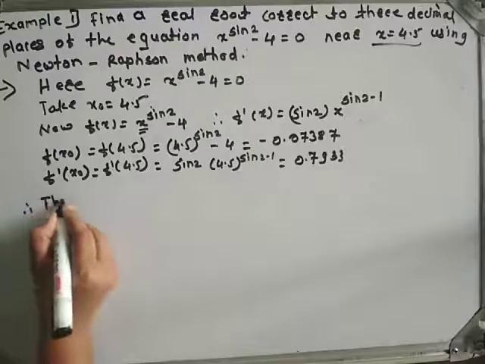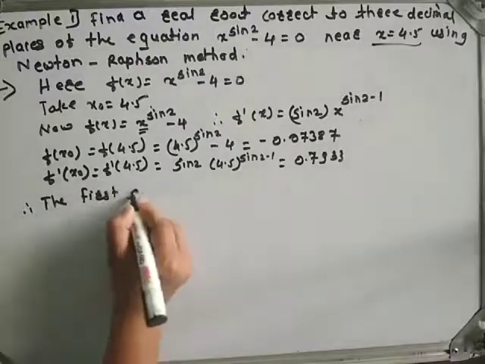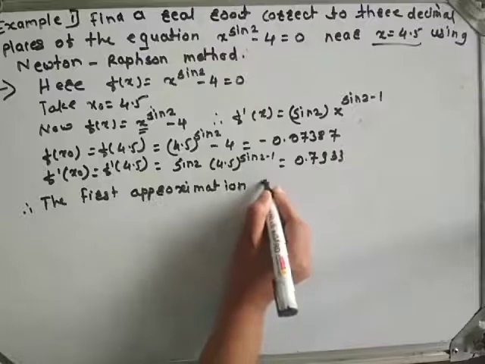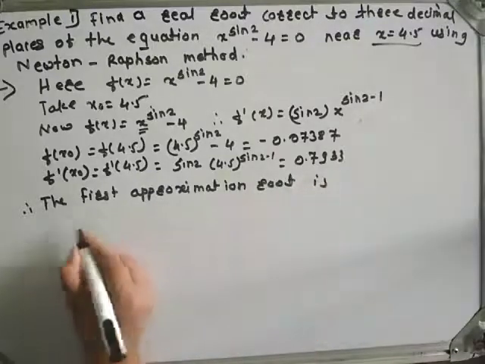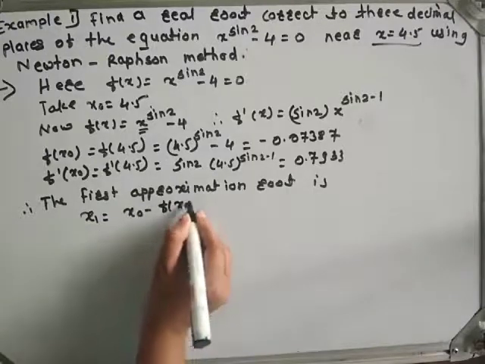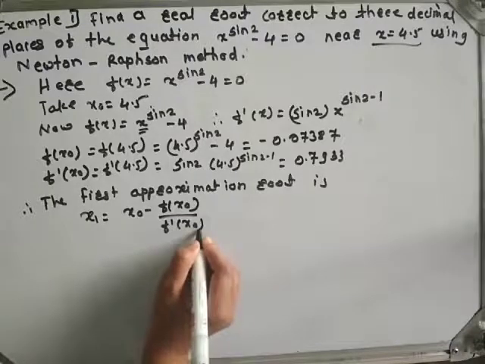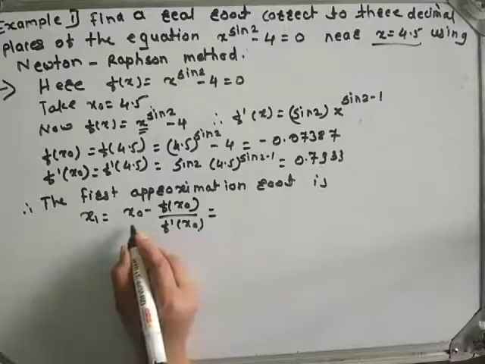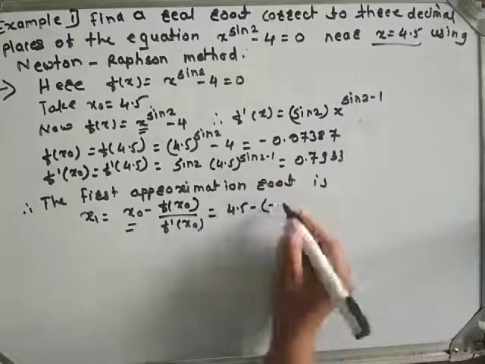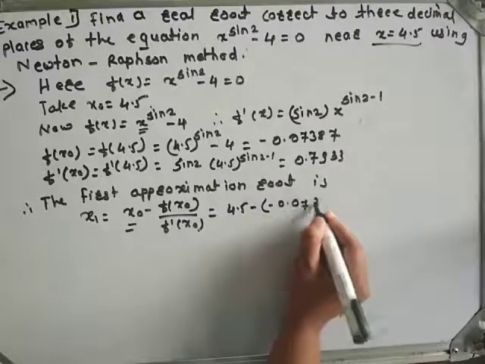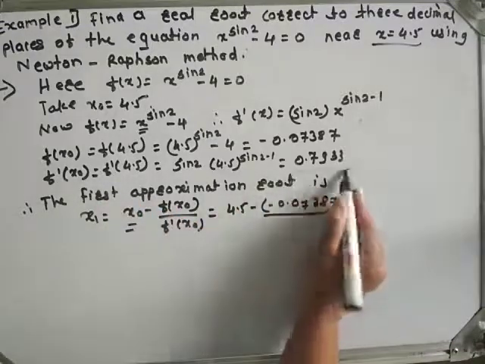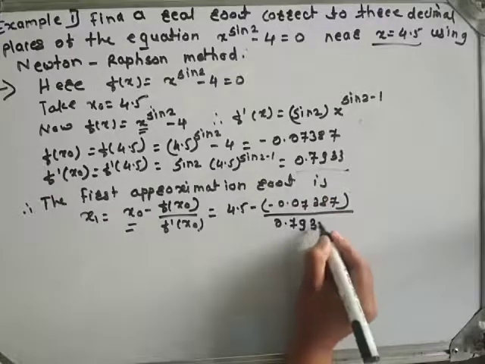Therefore, the first approximation root is x1 = x0 - f(x0)/f'(x0), which is equal to 4.5 - (-0.07387)/0.7933.